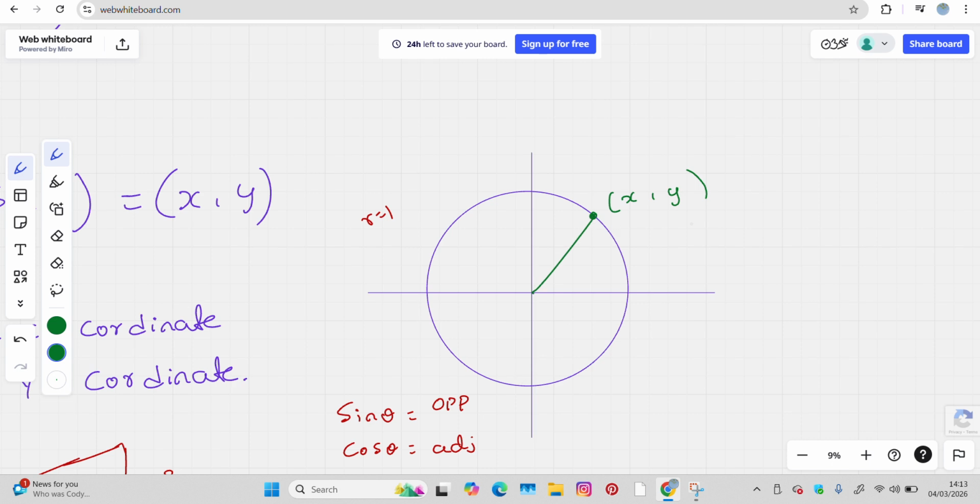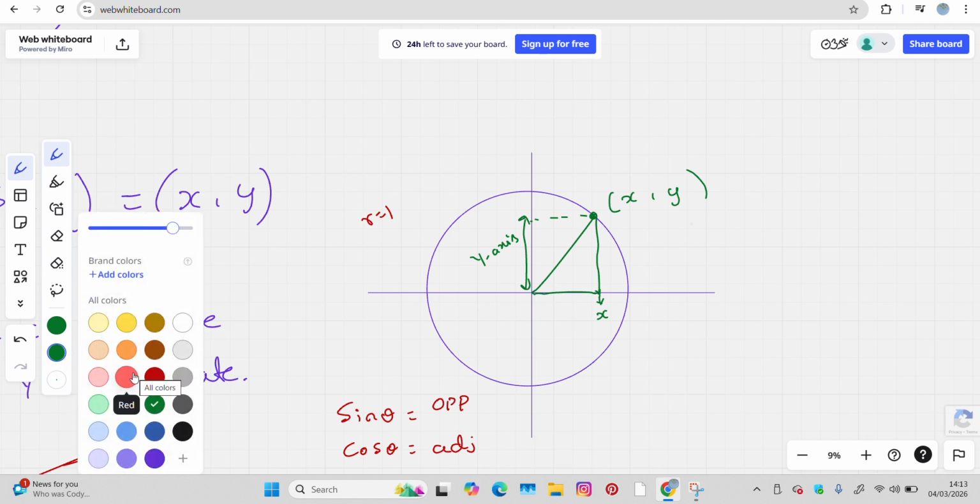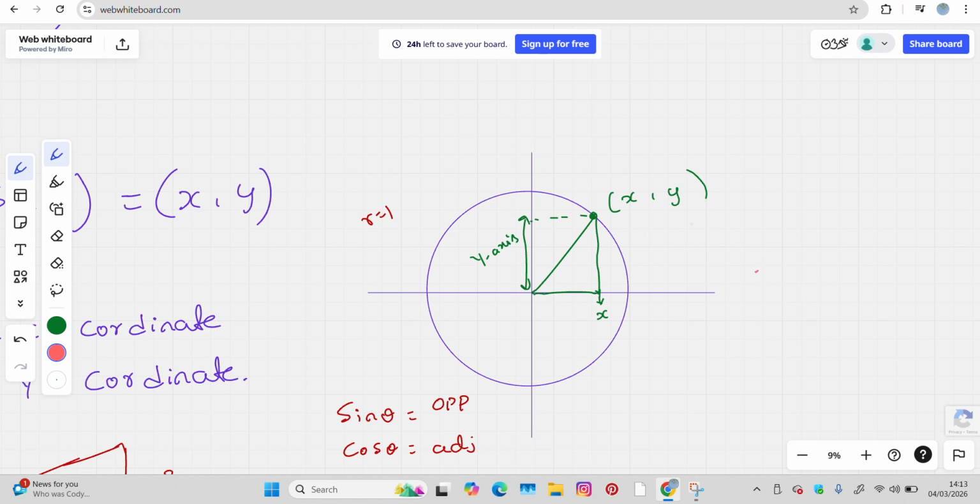Now I can draw a perpendicular to the y-axis, which is actually my y value. See, this length is nothing but this length, which is going to give me my y-axis value, and the horizontal one is my x value.